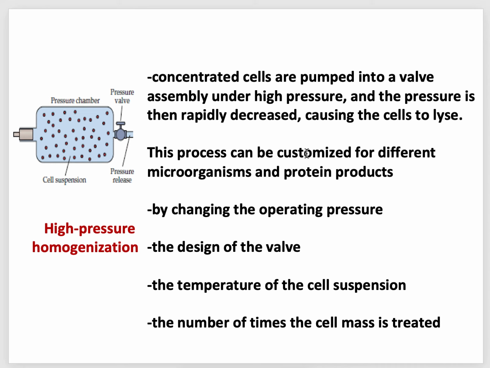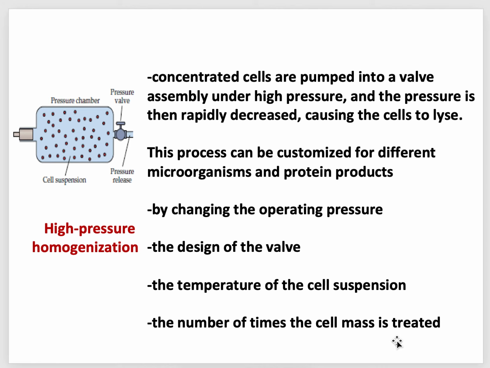This process can be customized for different microorganisms and protein products. Based on the microorganism and our target protein product, we can customize what kind of pressure we'll use and how we'll decrease the pressure. We can customize this process by changing the operating pressure, the design of the valve, the temperature of the cell suspension, and the number of times the cell mass is treated.